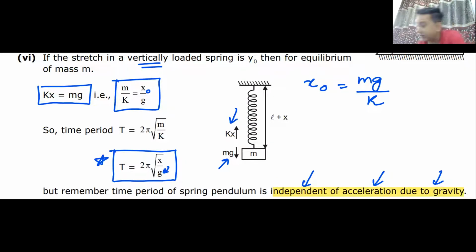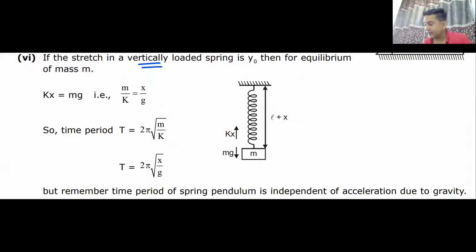We have made a formula from the case given here, but just because g appears in this formula, that does not mean the time period depends on g. It does not depend on g. It is directly proportional to root over m and inversely proportional to root over k. Do we understand this? I'll give you a minute to note this down.